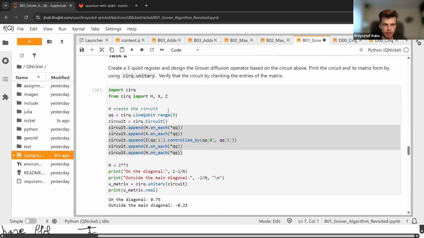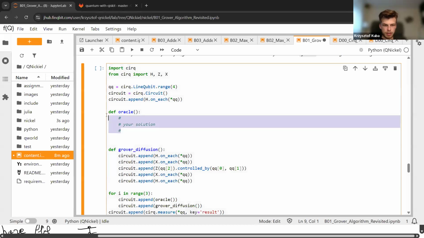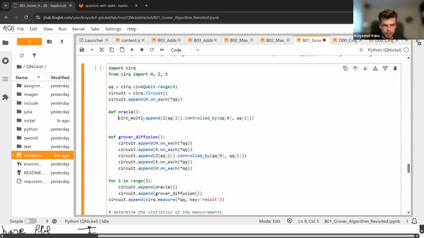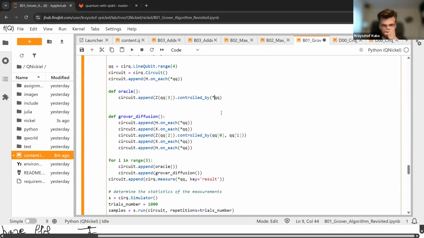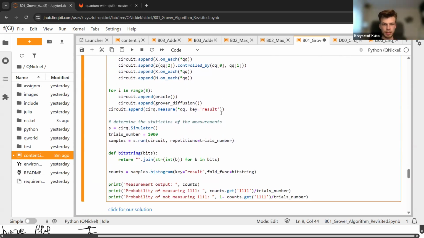We'll also need to modify it. Append Z, but this whole time will be free, controlled by, and we can simply delete this by calling QQ. And I think this should be fine.